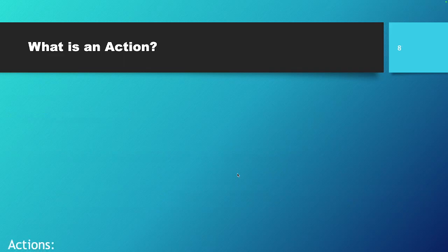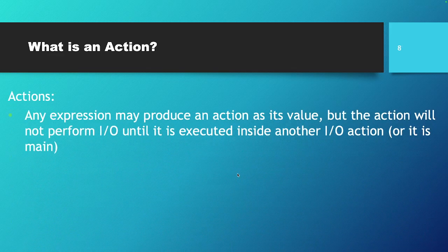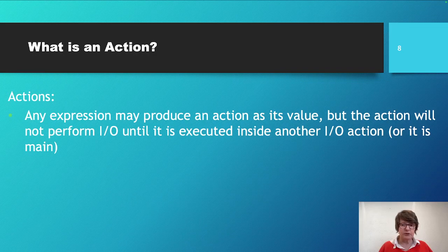So an expression may produce an action as its value, but the action will not perform the I/O until it's executed. So literally, it's like everything else. If your I/O is to read something from the keyboard, you're not going to be waiting for that. It's just going to happen when you're calling it in that way.